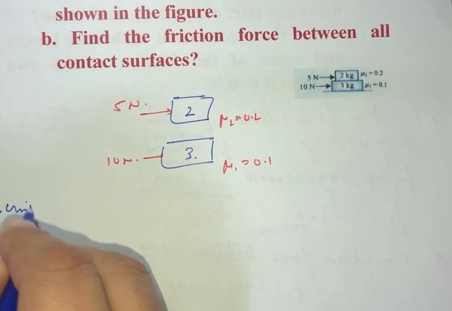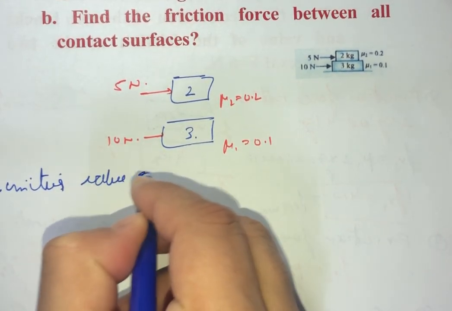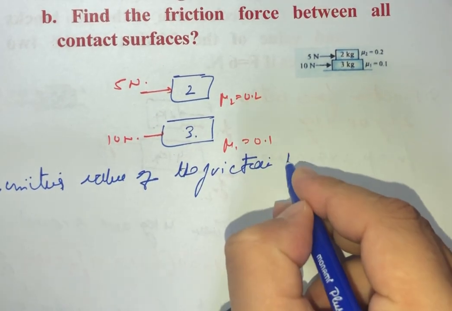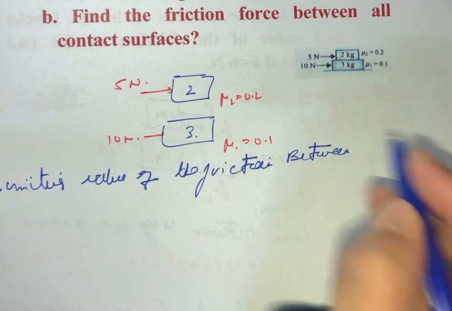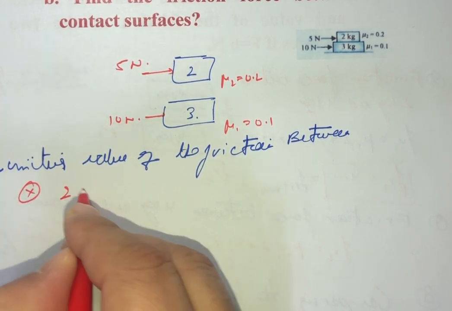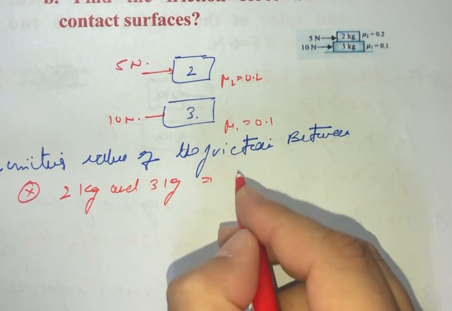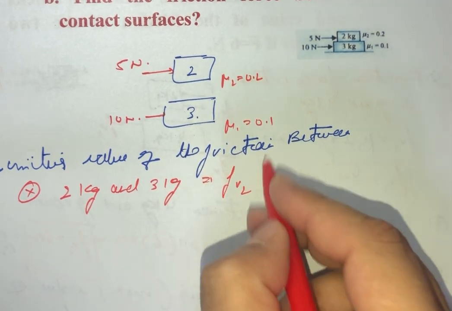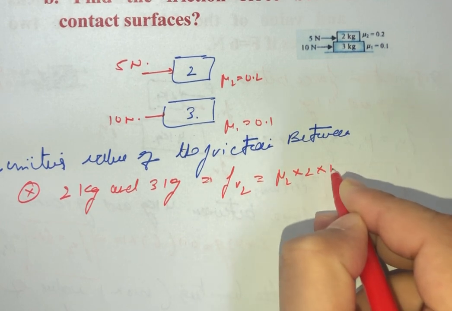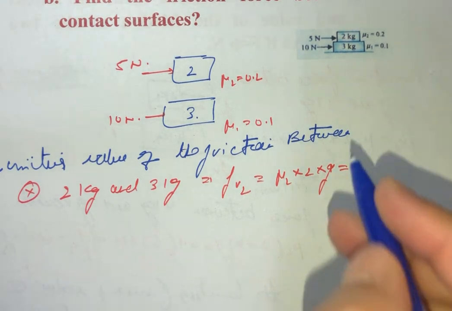Limiting value of the friction between first is 2 kg and 3 kg, and let us call that FR2, this time with respect to mu2. So this will be mu2 into 2 into g, and this will be coming as 4 newtons.